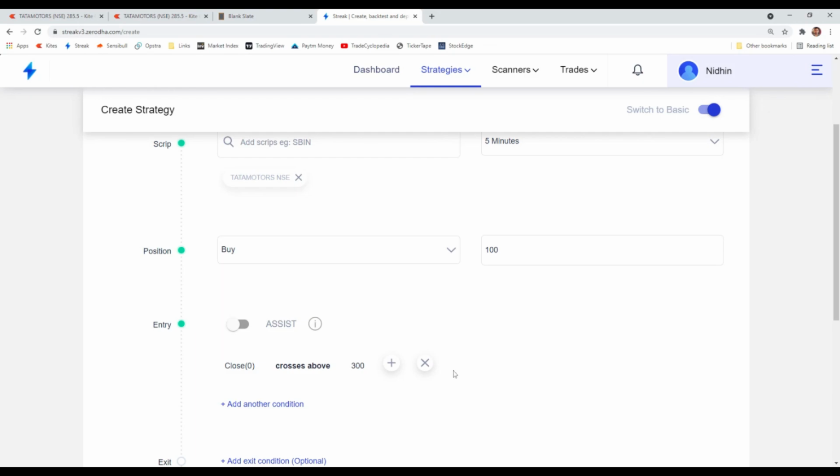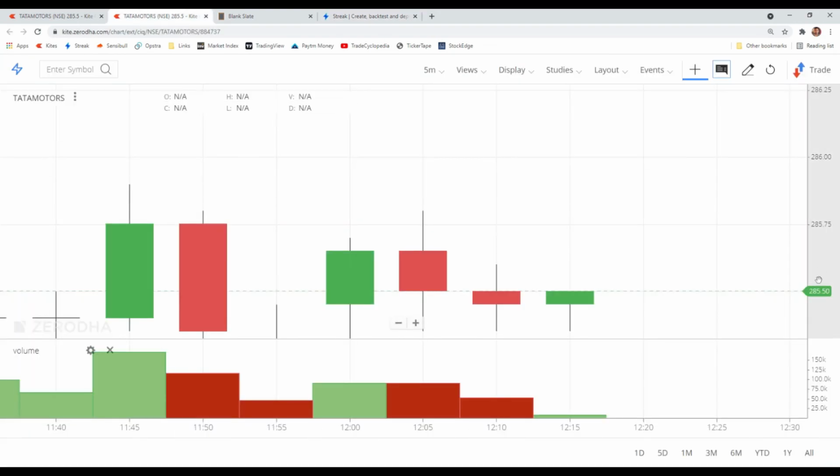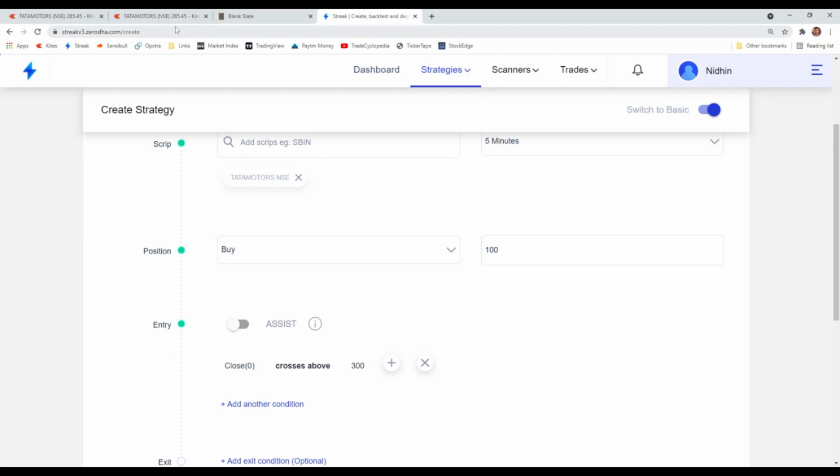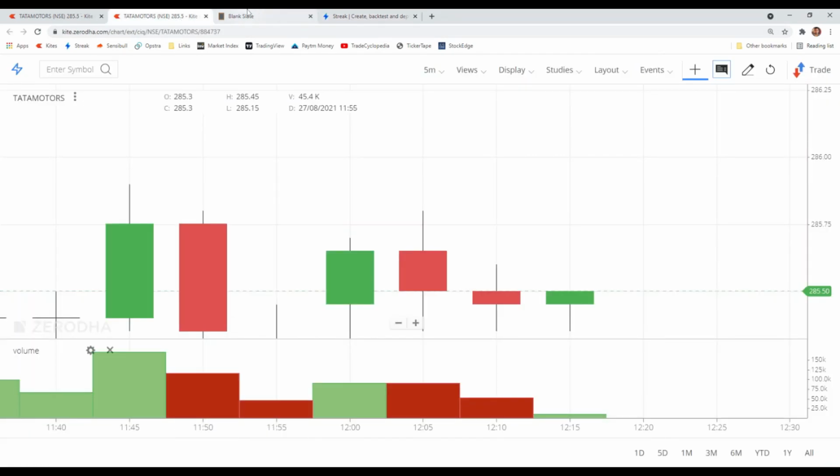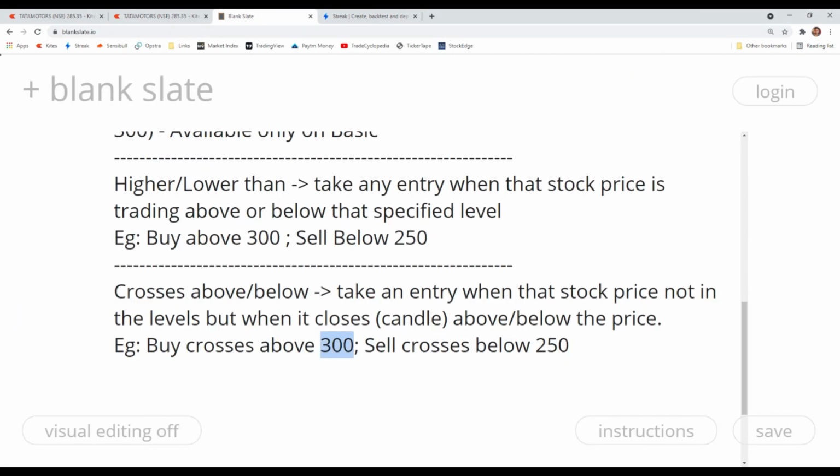Now, Tata Motors is trading at 285 rupees. But I know that whenever the Tata Motors price crosses above the 275 level, let's say for example 270, we can change this to 270 just for example. I need to buy Tata Motors when the price crosses above 270, because I'm sure that a bullish view will play out, since Tata Motors is trading below 270.